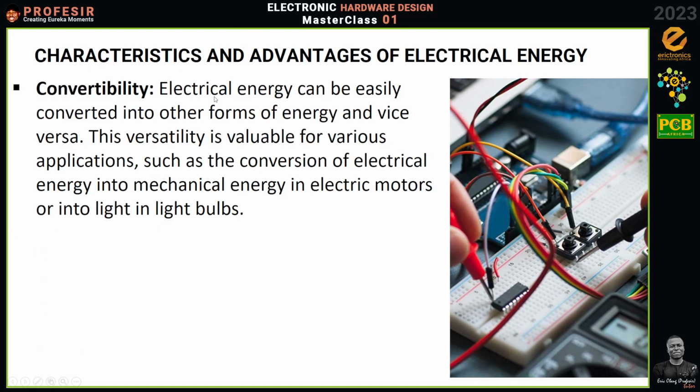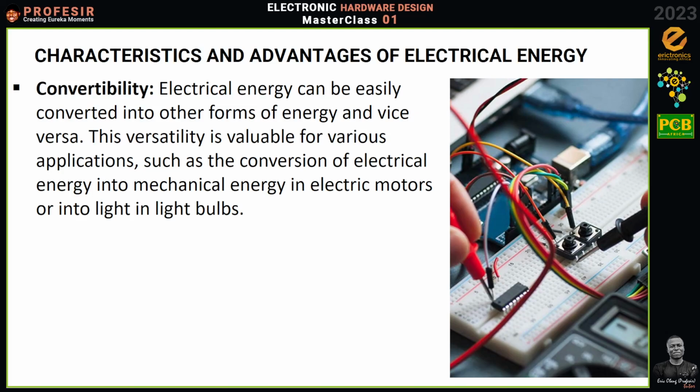They are also convertible. Right now, it's almost like electricity is central. You can convert electricity to almost any form of energy using transducers. If I want to produce sound, I can use a speaker. If I want to produce motion, I can use a motor. If I want to produce heat, I can use a heating element.